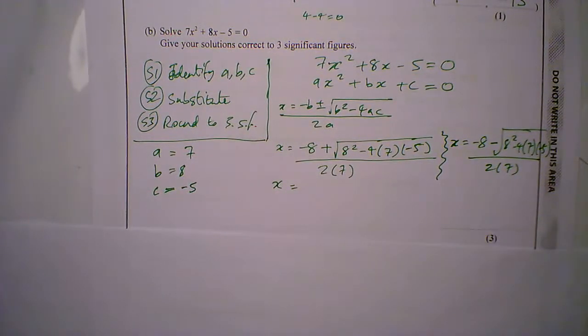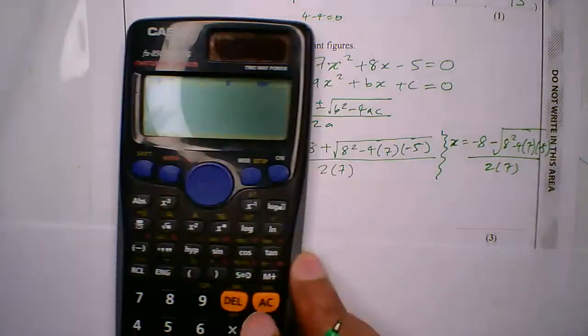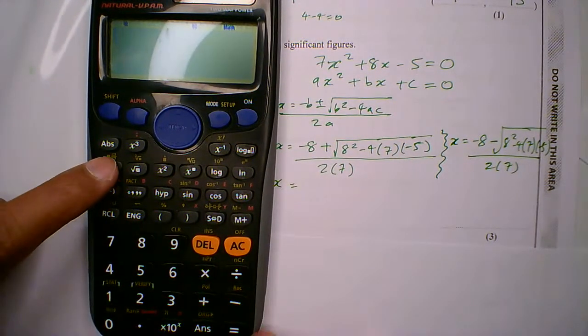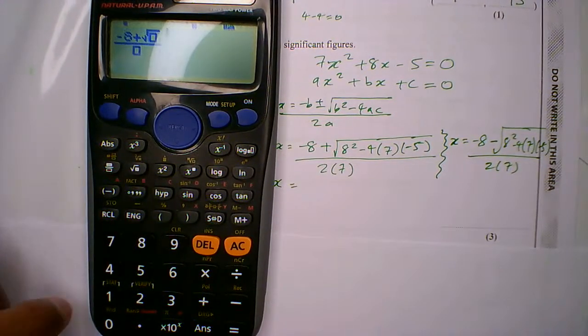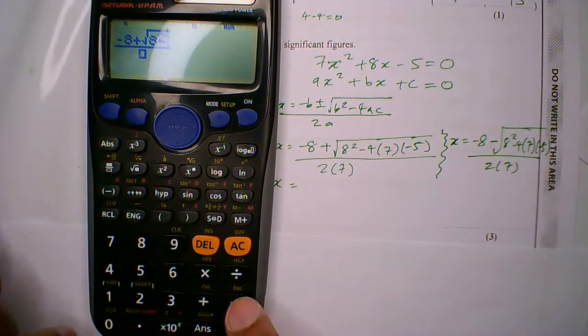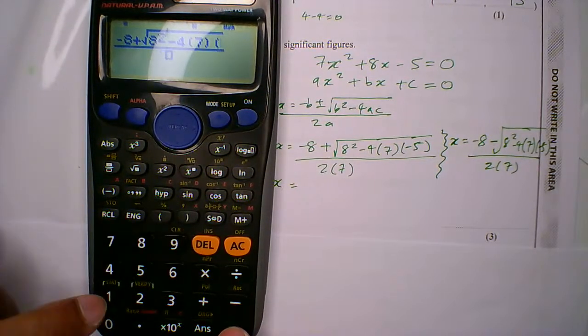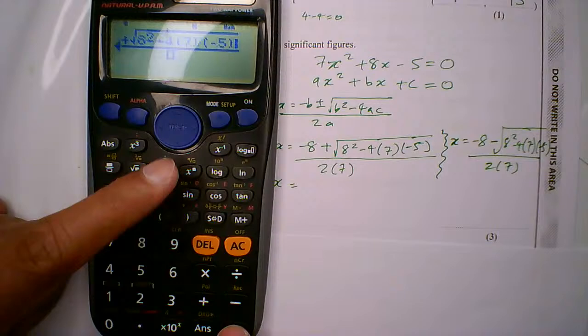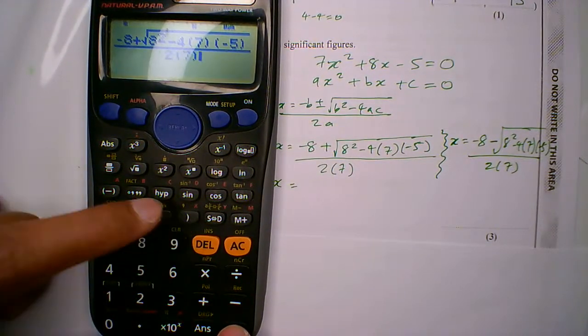Okay, so let's type that in. So it's just a case of making sure we type in the numbers properly on the calculator. Minus 8 plus square root 8 squared, take away 4 bracket 7 bracket minus 5 close bracket all over 2 bracket 7.